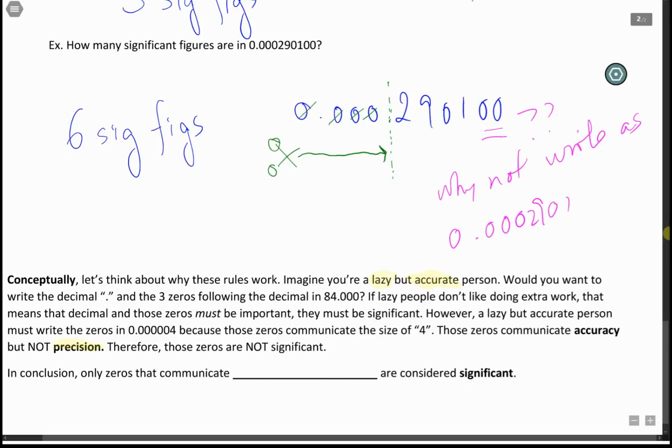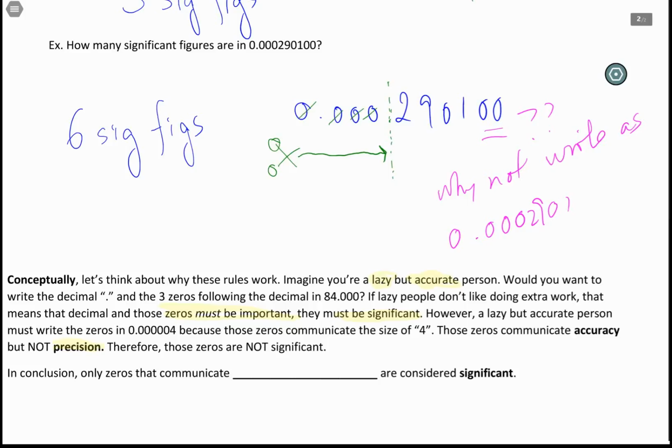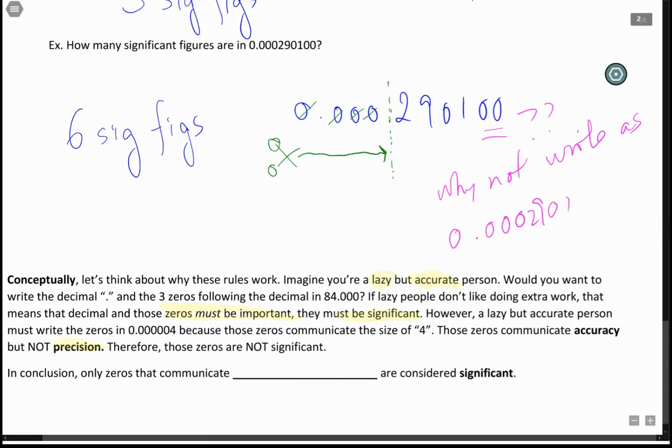So these zeros must be important. They are significant. A lazy person wrote that for a reason. It means they are significant. Now, what about other zeros, like these guys over here? These zeros here need to be there. These zeros tell you how big this 2 is.